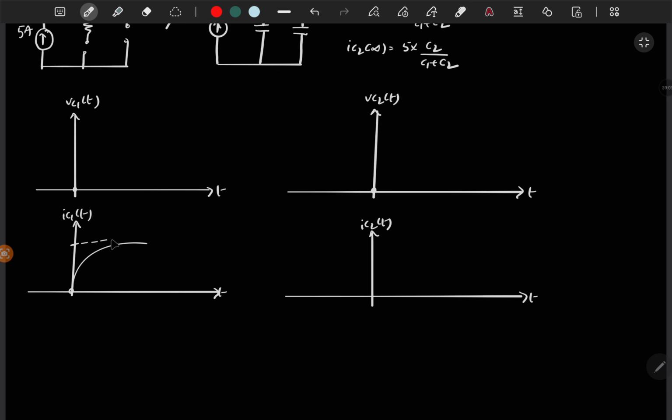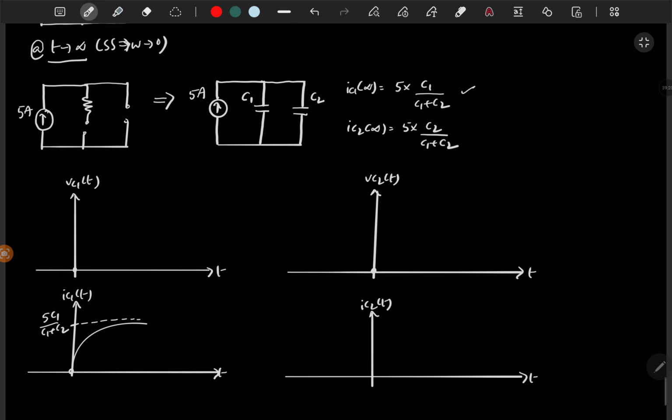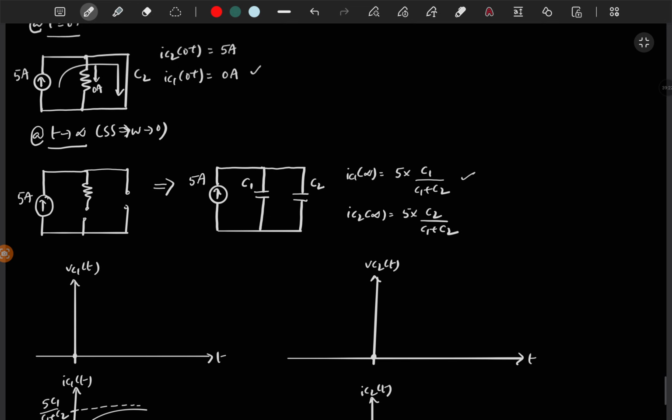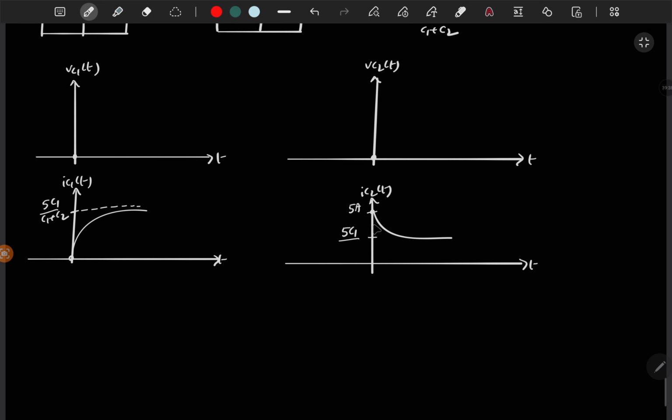So this value is 5C1 by C1 plus C2, and IC2 is coming down from 5 to 5C2 by C1 plus C2. So let's say this is 5 amps, and it is going down to 5C2 by C1 plus C2.